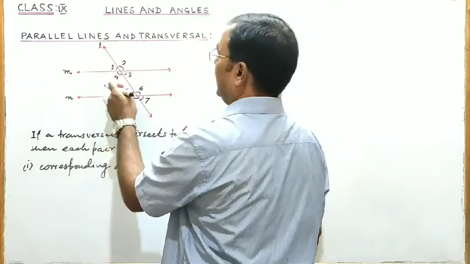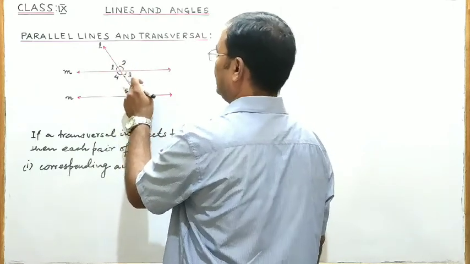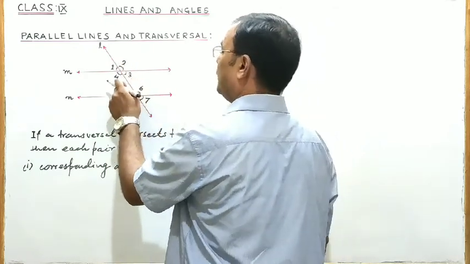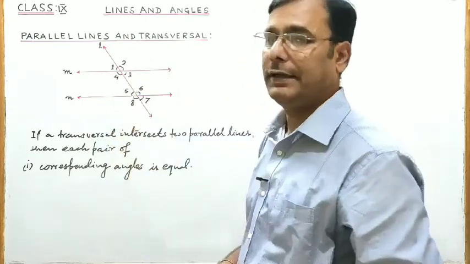So angle 1, angle 5 equal; angle 2, angle 6 equal; angle 3, angle 7 equal; angle 4, angle 8 equal, because they are corresponding angles.